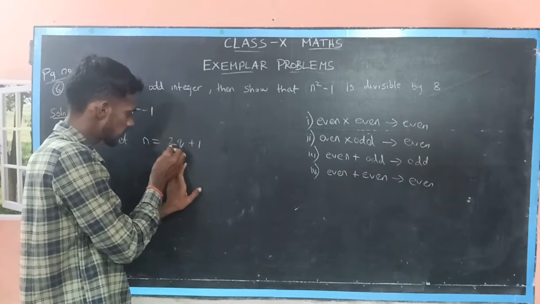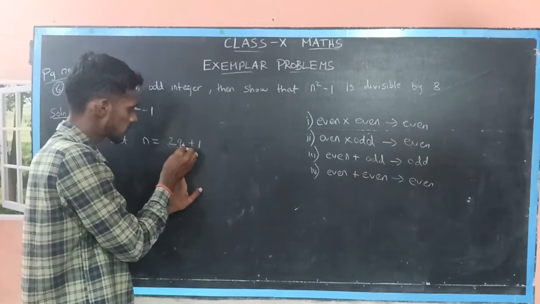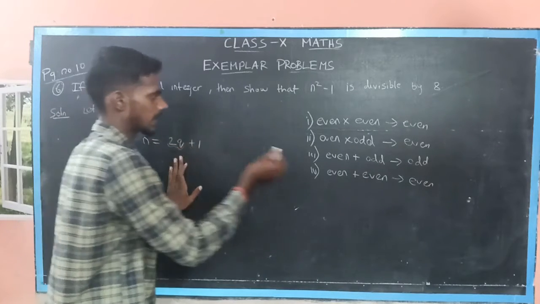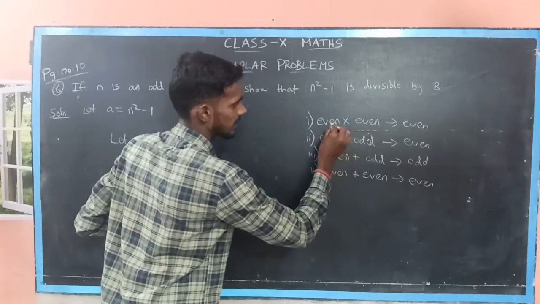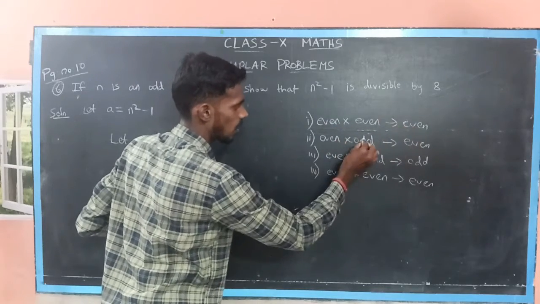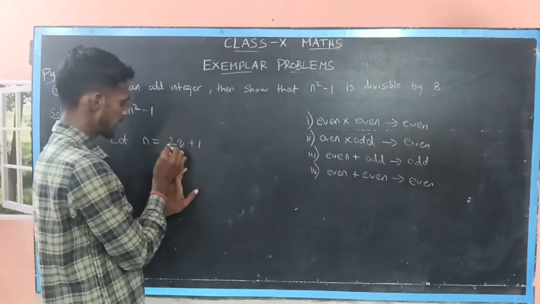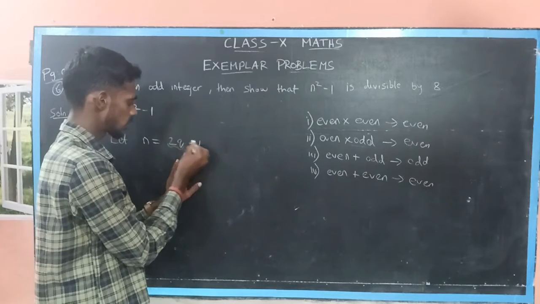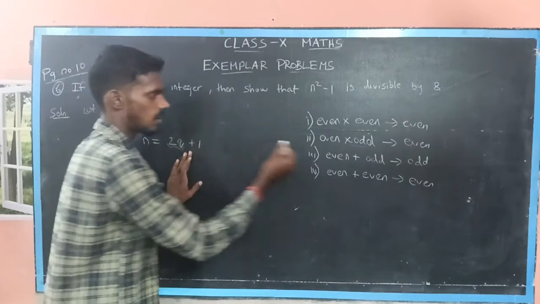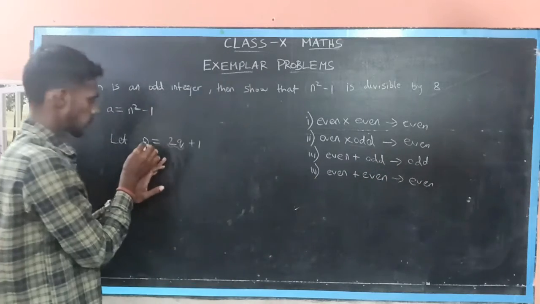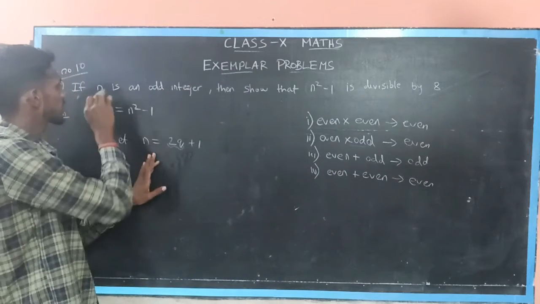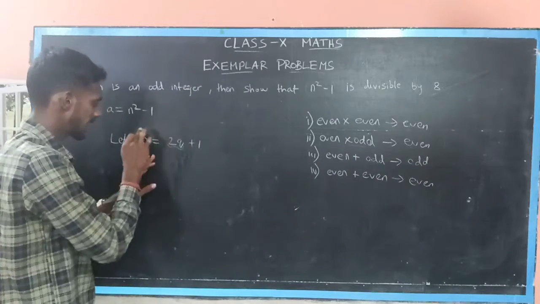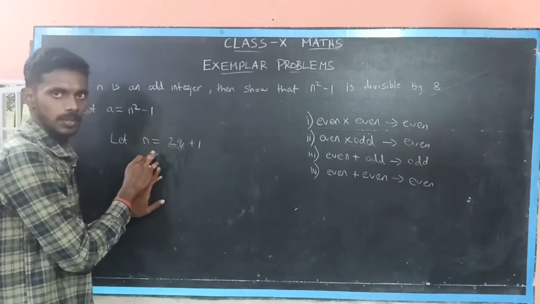So, the product of even and any positive integer becomes even, right? Even into even is even, even into odd is also even. So, definitely this term will be an even term. Okay. Here 1 is odd, so even plus odd gives odd. So, n is odd, so this satisfies the condition that n is odd. So, n can take this form.